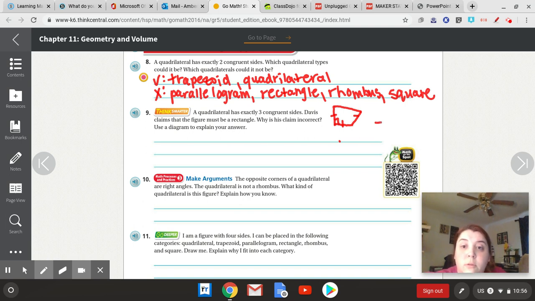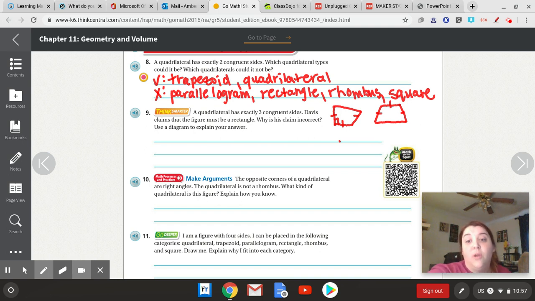Well, what if I drew a nice straight line down here on the bottom? Then I want to draw my 3 congruent sides. Well, there's 1, there's 2, there's 3 congruent sides. I did it again. I drew a trapezoid. You're going to draw a trapezoid every single time you do this, okay?